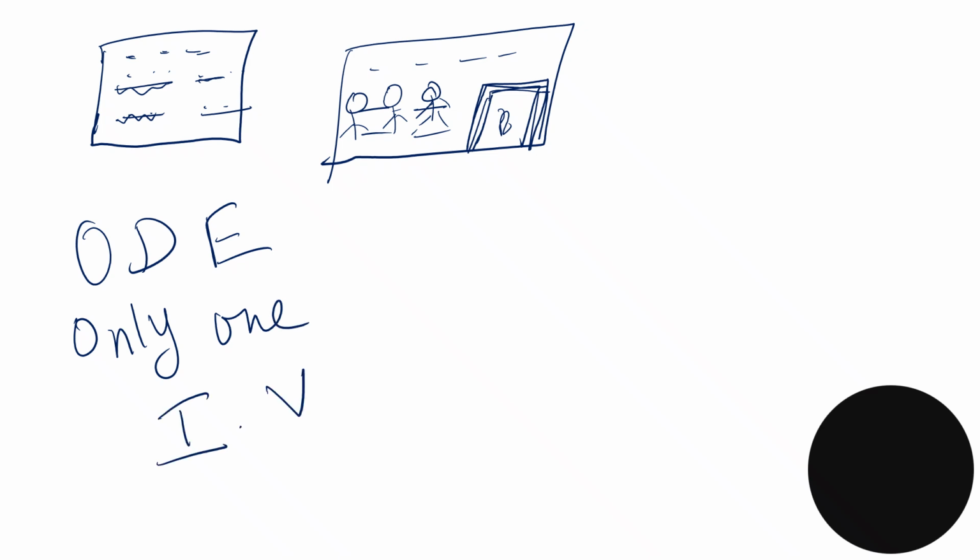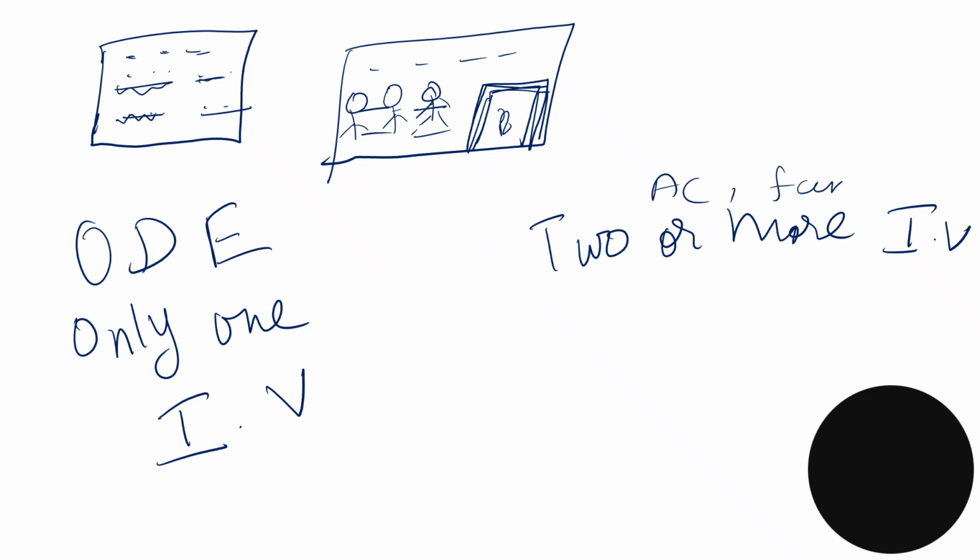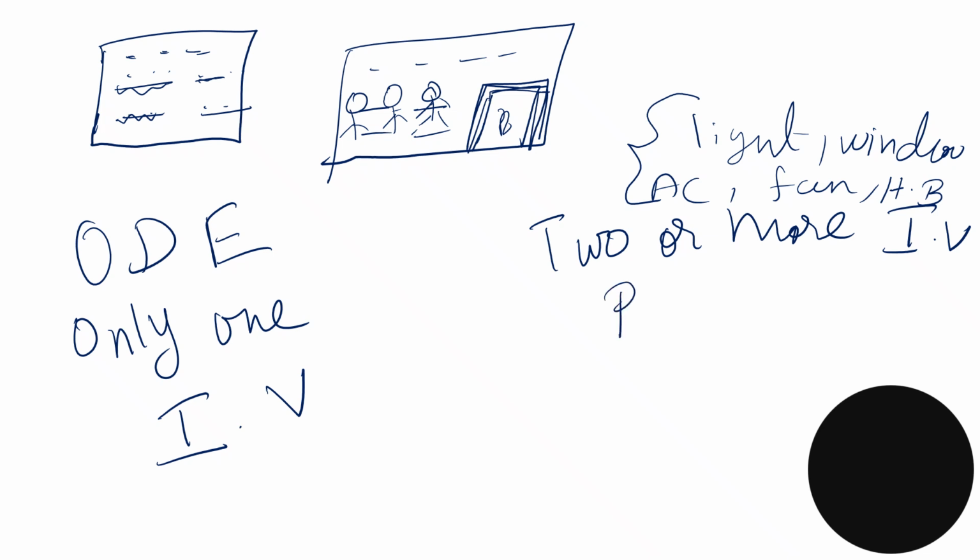If it depends on two or more independent variables, like fan, AC, light, windows, human body temperature, which also affects the room's own temperature, so two or more independent variables, here the denominator will vary, such as space and time, because light and everything else decide space and time, so we use a PDE.